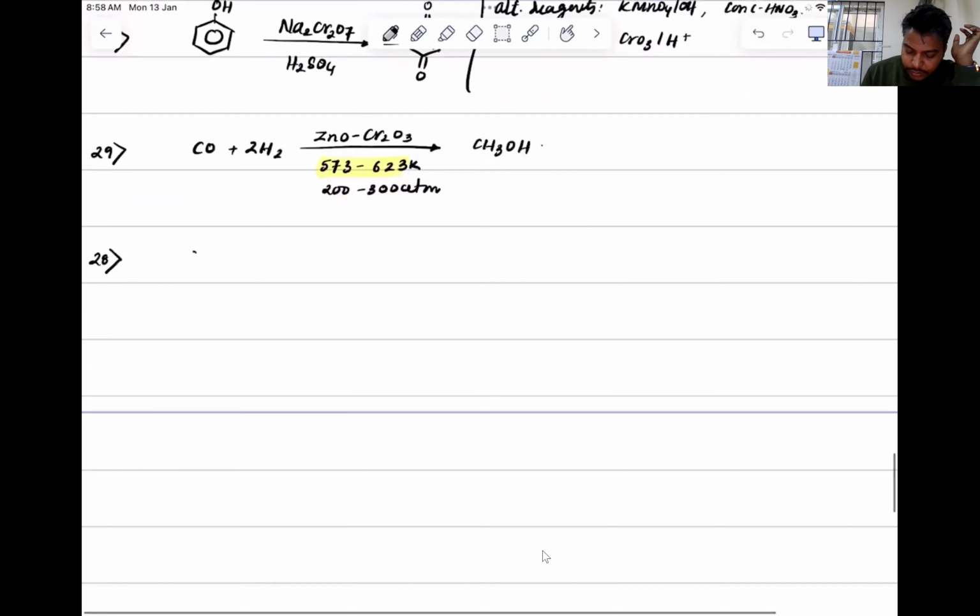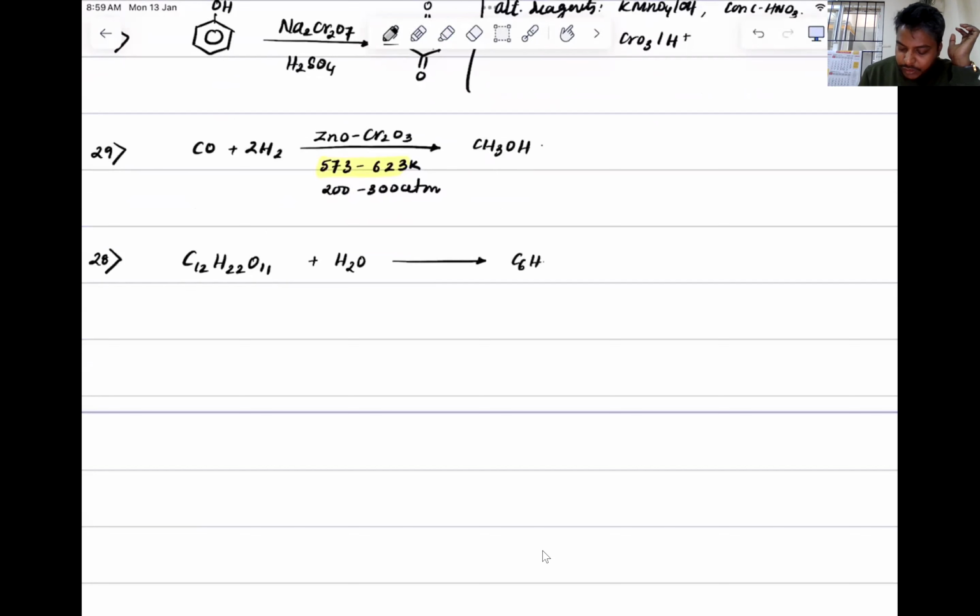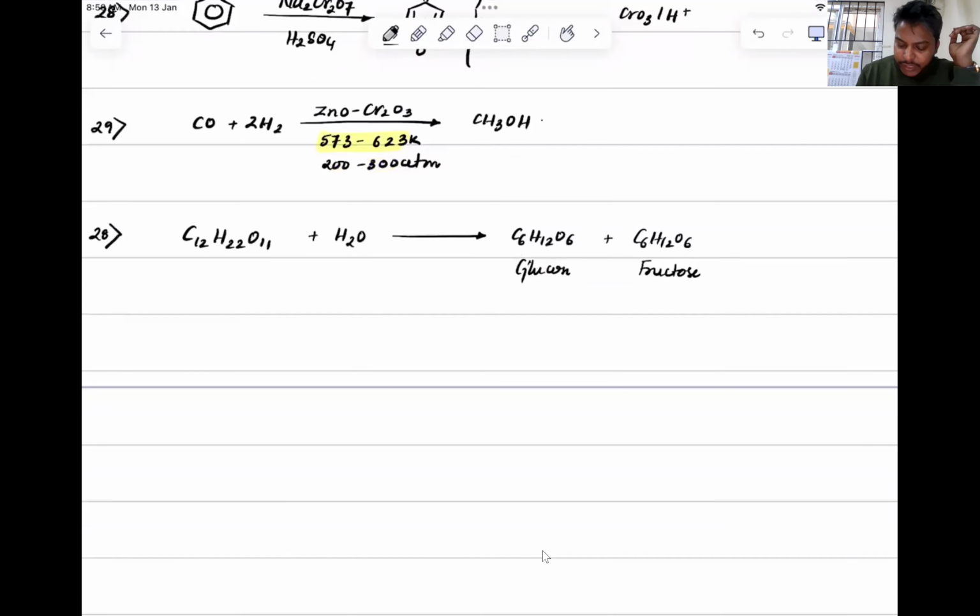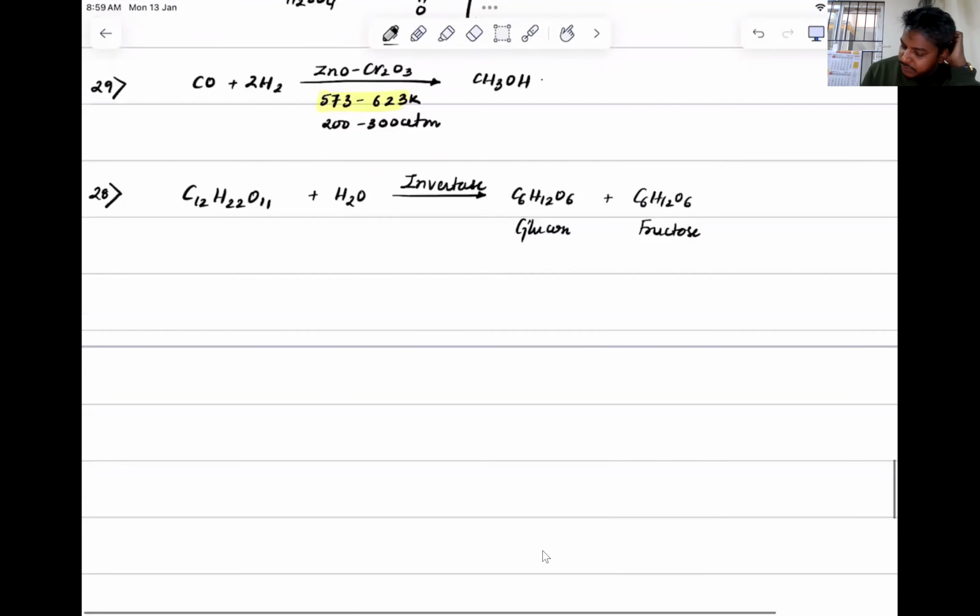Next, sucrose C12H22O11 plus H2O will convert into glucose C6H12O6 and fructose C6H12O6, both of equal quantity, in the presence of a biocatalyst enzyme, which is invertase.